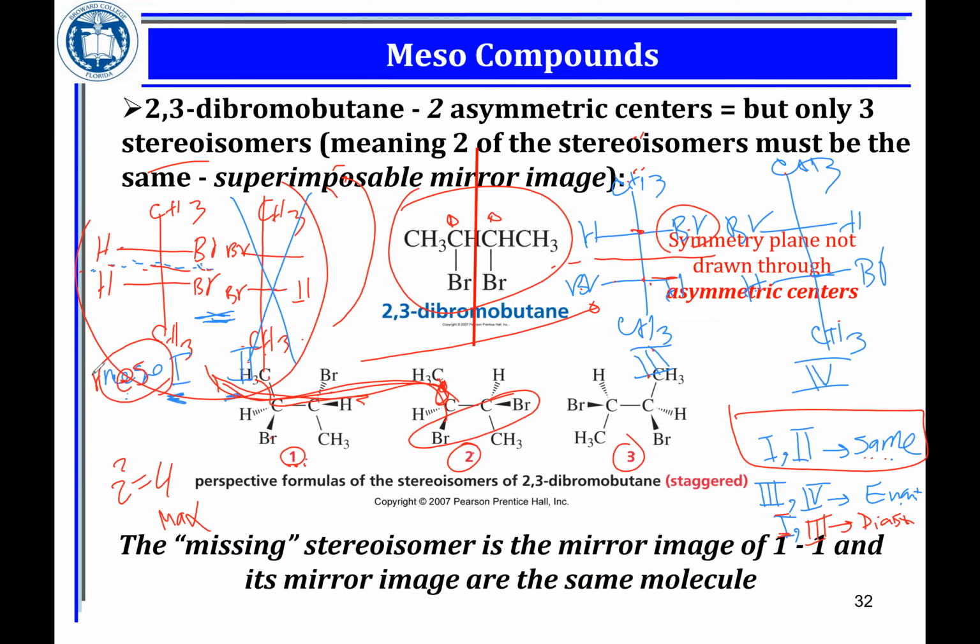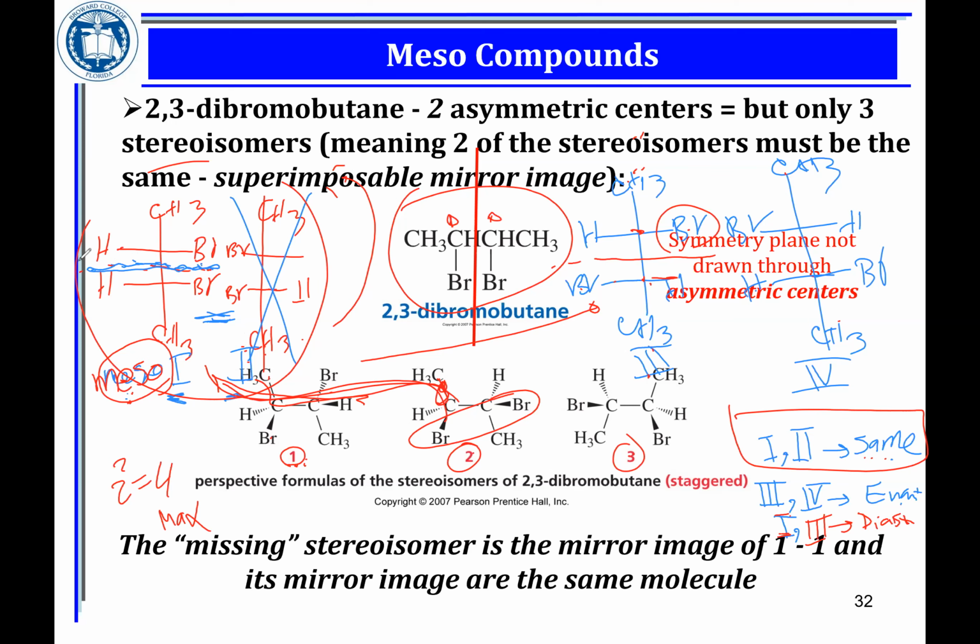The rule is that a meso compound and its mirror image are the same compound. That only happens if you have this plane of symmetry.